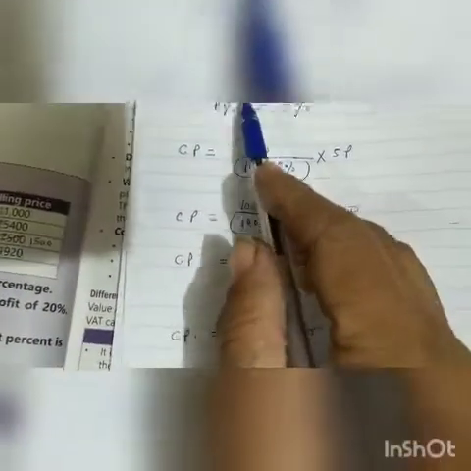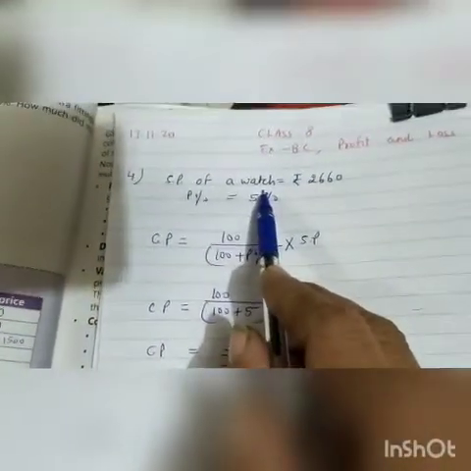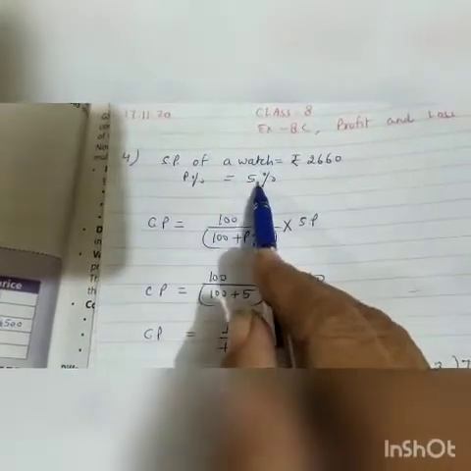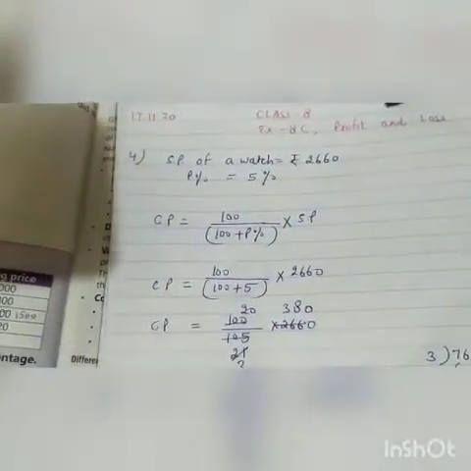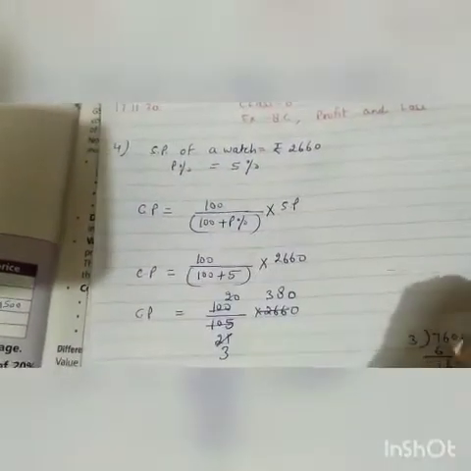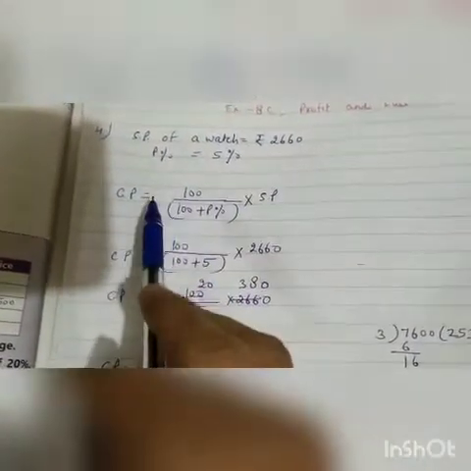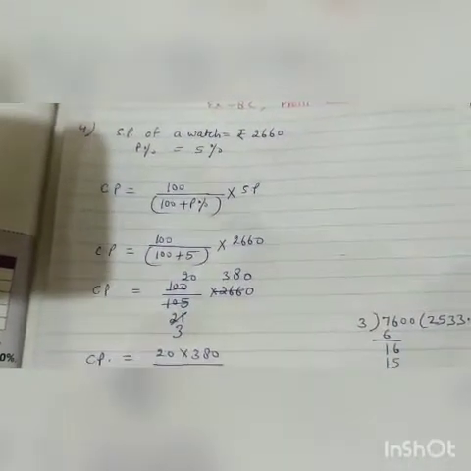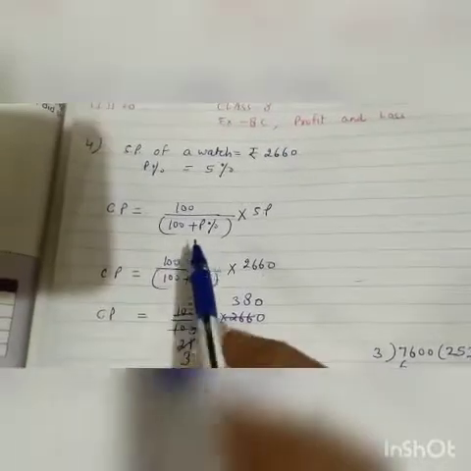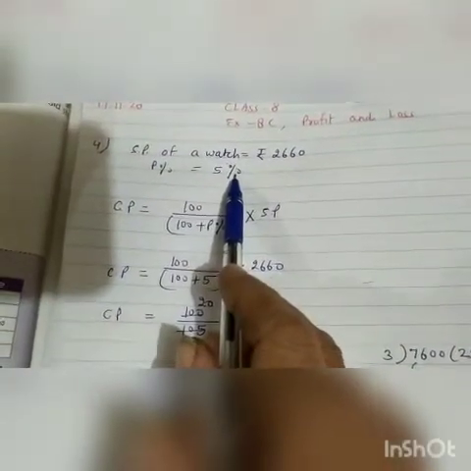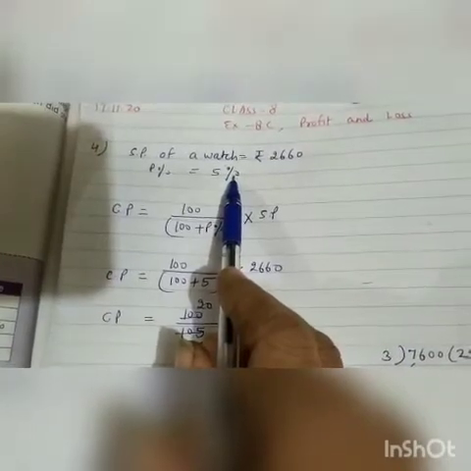So the selling price of the watch is 2,660 rupees. Profit percent is given as 5%. This is profit percent, not profit. Students, don't get confused between profit and profit percent. Profit and profit percent are two different things. So in this question, profit percent is given as 5% and we have to find the cost price of the watch.